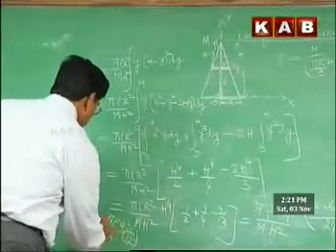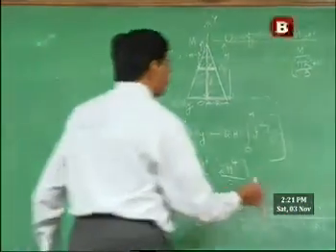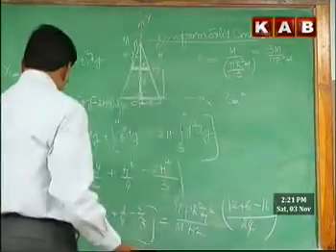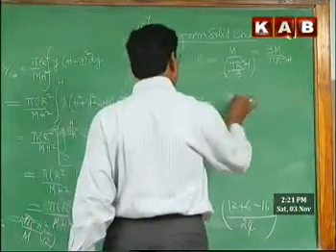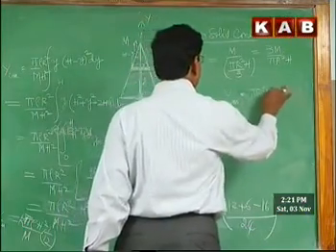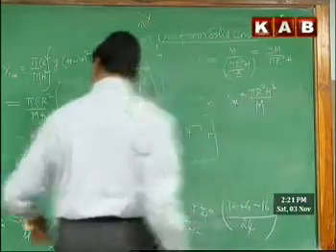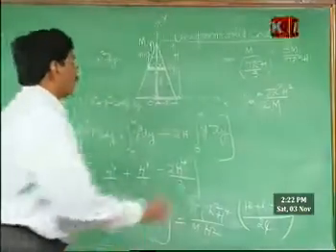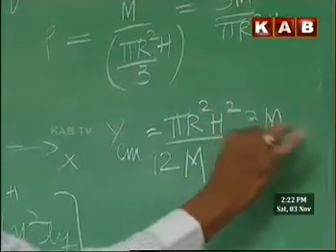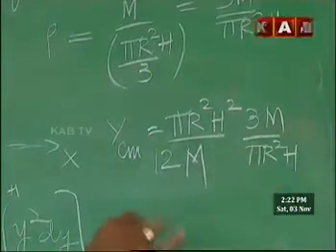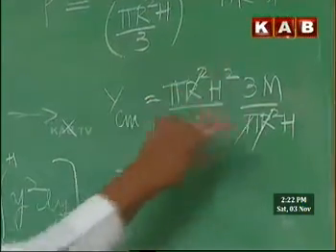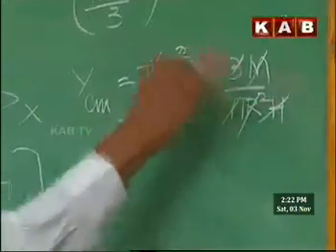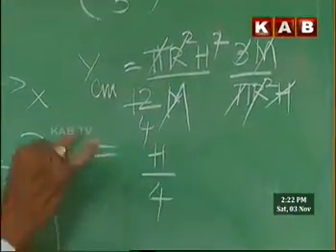Therefore, YCM now becomes pi r square h square by 12m into rho, where rho is 3m by pi r square h. So, r square, pi gets cancelled, m gets cancelled, 3 by 12 is 1 by 4, one of the h remains. That comes out to be h by 4.